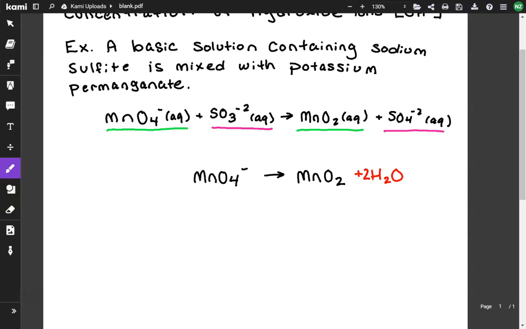What isn't on the left side that is on the right side? Hydrogen. You're not looking at the whole molecule, just the individual pieces. So we balance the hydrogens by adding H plus on both sides. How many hydrogens do I need to balance with the right side? 4.